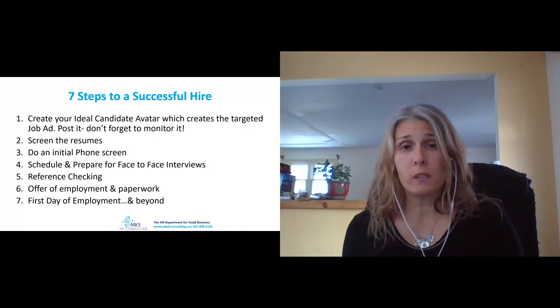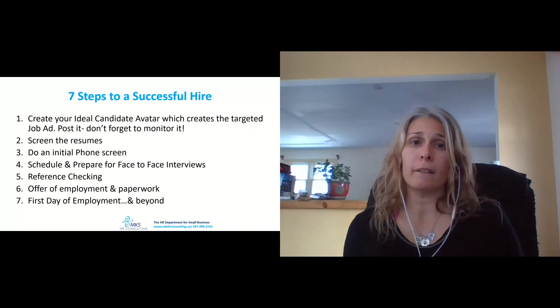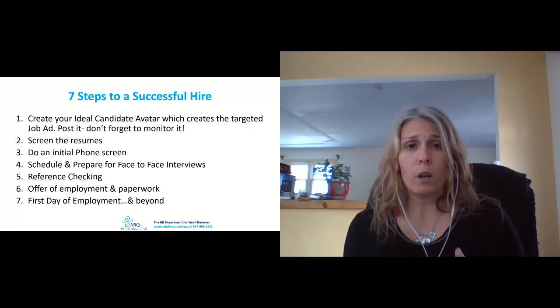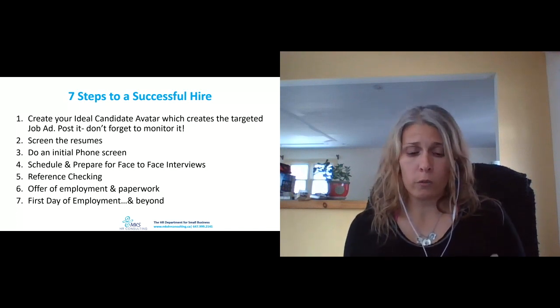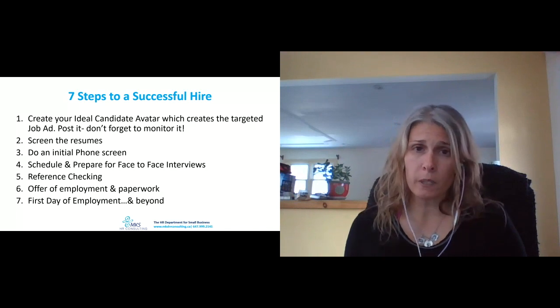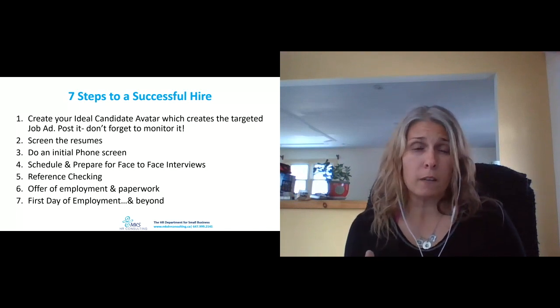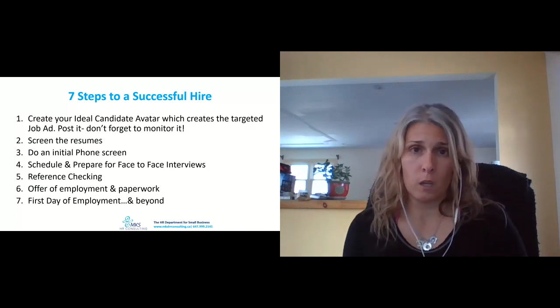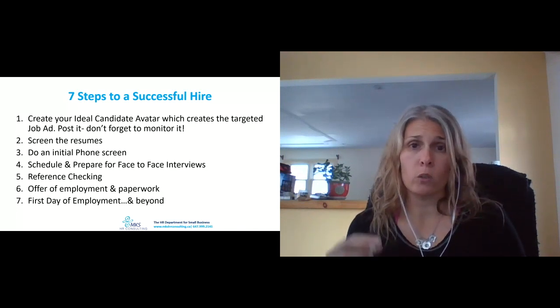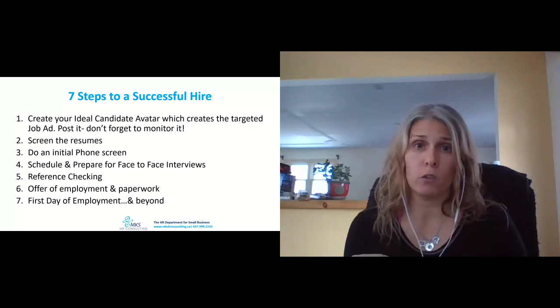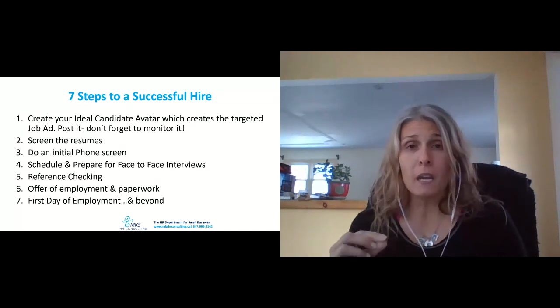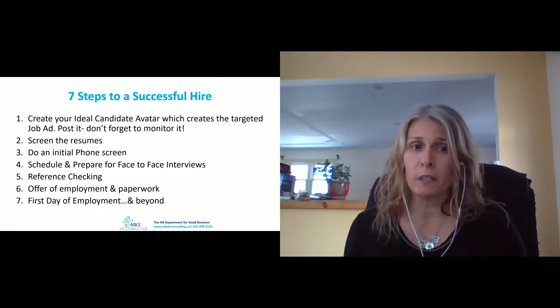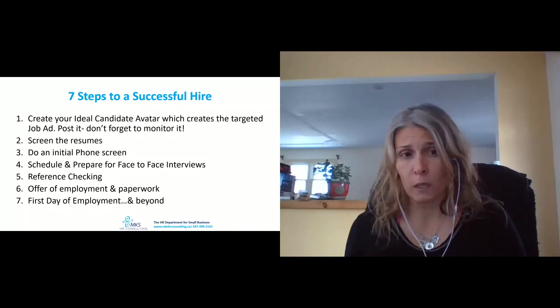And once you post it up online, don't forget that you have to monitor it. Monitoring is looking at the number of applications that are coming in. Is there enough of them? But more importantly, what is the quality of the applications? Are you targeting those people that match your ideal candidate avatar? And if it doesn't match, then you're going to need to make some small tweaks.